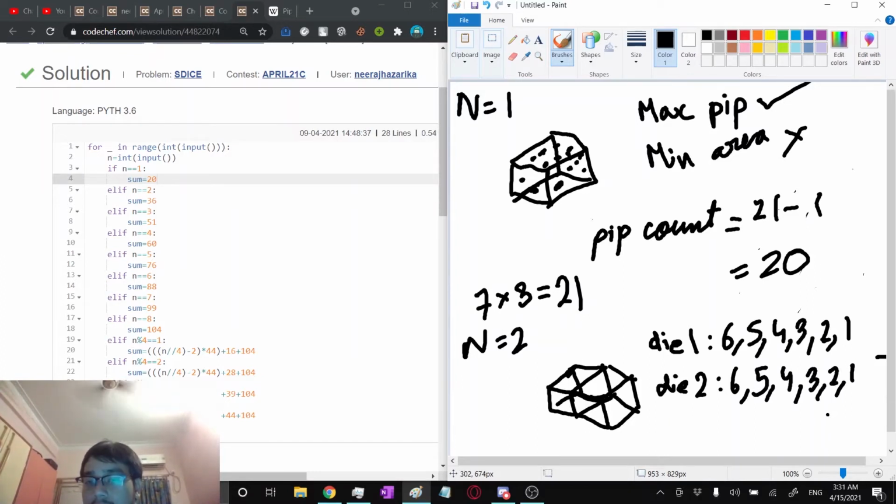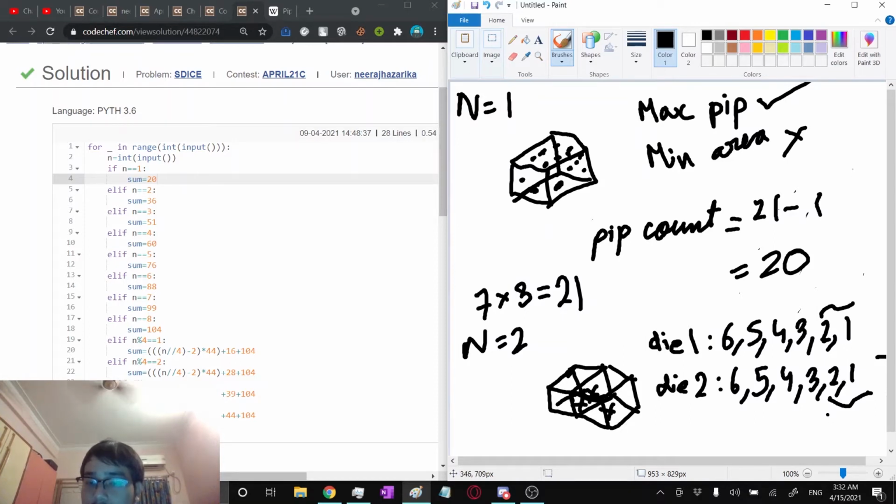As we can see here, 2 pips would be hidden from each die. So total 4 pips will be hidden. So if we had to choose the 2 least pips from each die, it would be 1 and 2, obviously.